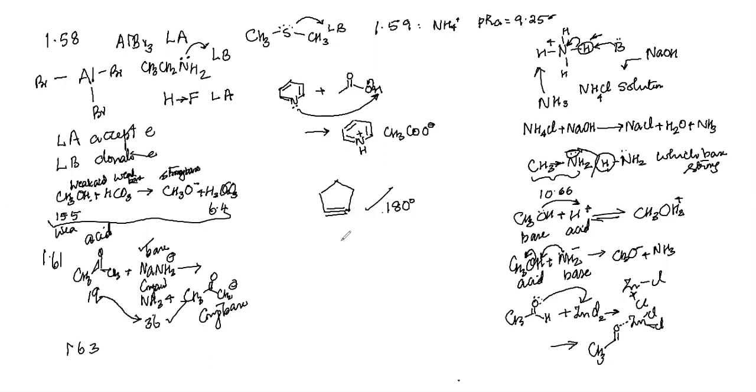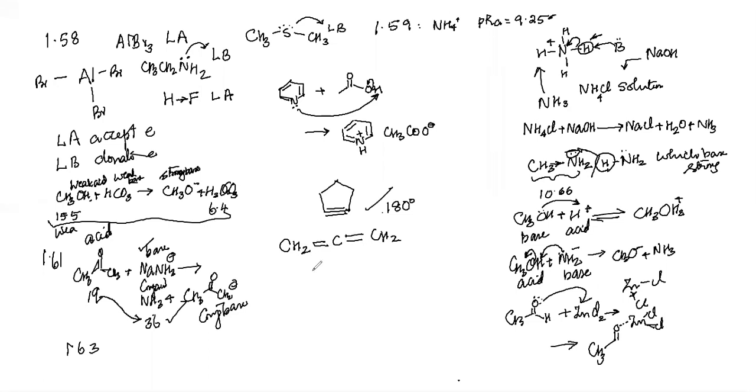Next one. Draw the orbital picture of allene. Oh, beautiful question. Look here. CH2 double bond CH double bond CH2. What hybridization must the central carbon atom have to form two double bonds? What shape does allene have? Anyone of you have drawn this?